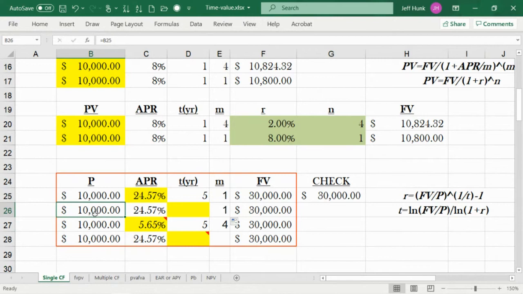So to grow this 10K to 30K, given a 24.57% interest rate with just annual compounding, how many years will it take? This is a very plausible question. You understand? It's a plausible question.